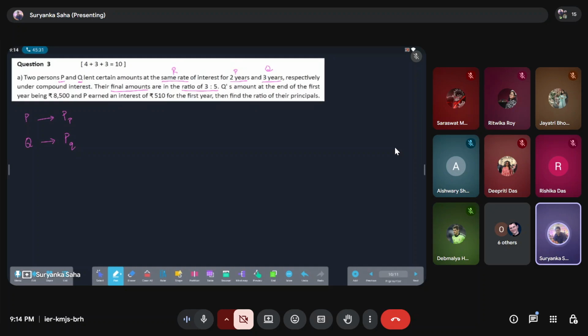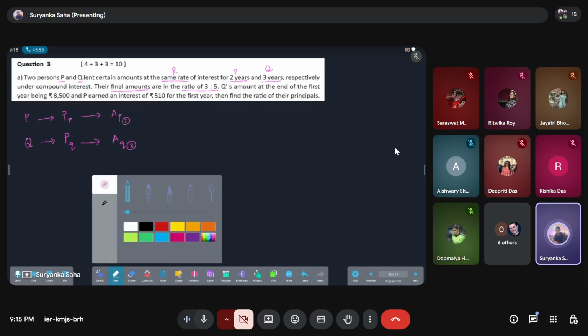Their amounts' ratio is 3:5, so the amount of P will be AP2, for 2 years, and AQ, the amount of Q, for 3 years, AQ3.